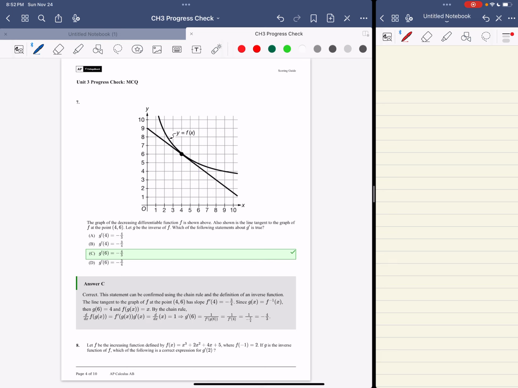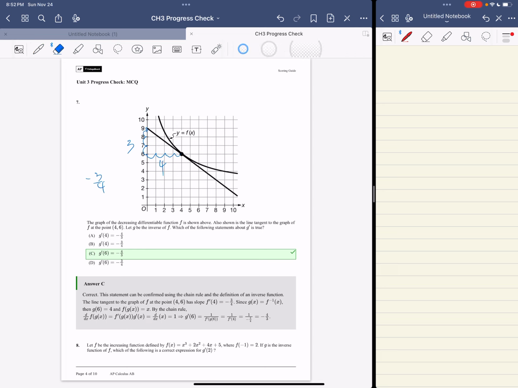Now, when x is equal to 4, our slope is going to be probably 1, 2, 3, 4, 1, 2, 3. So it's going to be -3 over 4. That's when f is this one, right?